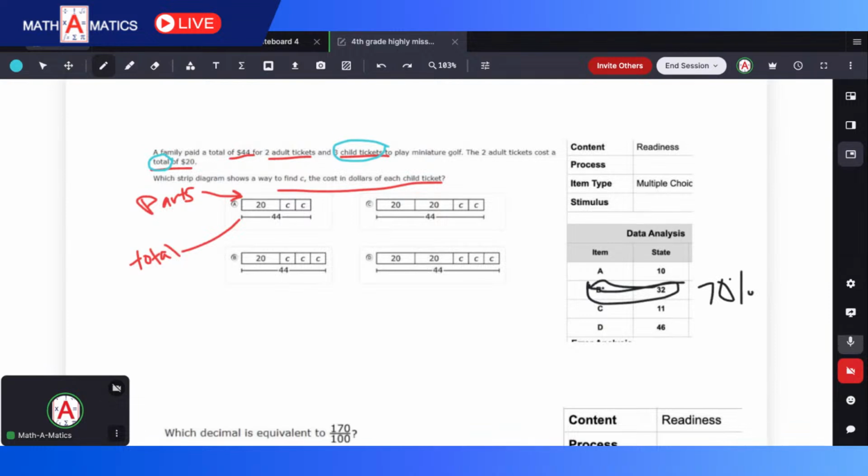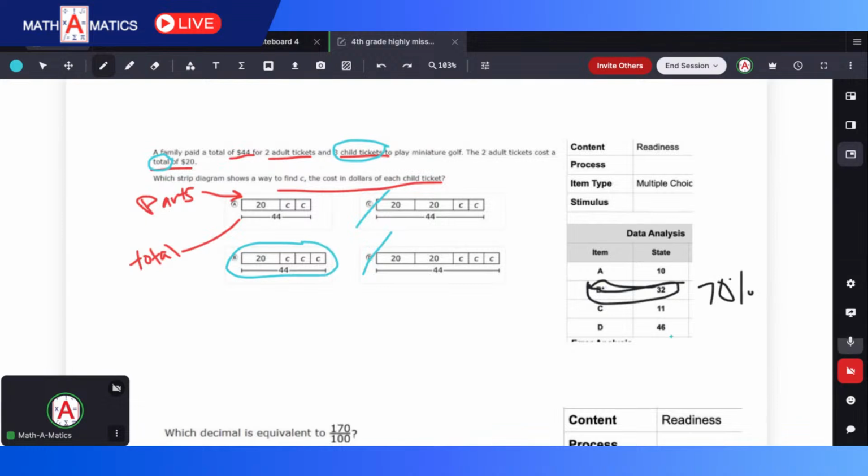So I circled the total because when I look at our answer choices, we have two that have 20 twice. But we have to clearly know that the two adult tickets cost a total of 20. So that means we only have 120. So right there, C and D can be canceled. And then since it said we had 3 children's tickets, we know B would be our answer.